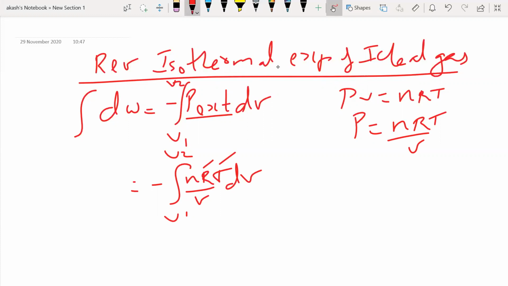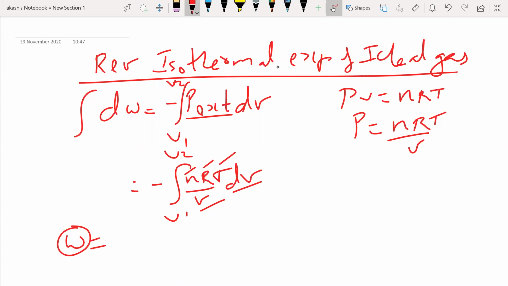Temperature is constant, R is constant, n is constant, so that can be taken out of the integration. So you just have dV by V, and I hope you know the integral dx by x is log x. If you substitute the limits, upper limit minus lower limit, I will get this W, and this W is for isothermal reversible expansion only.